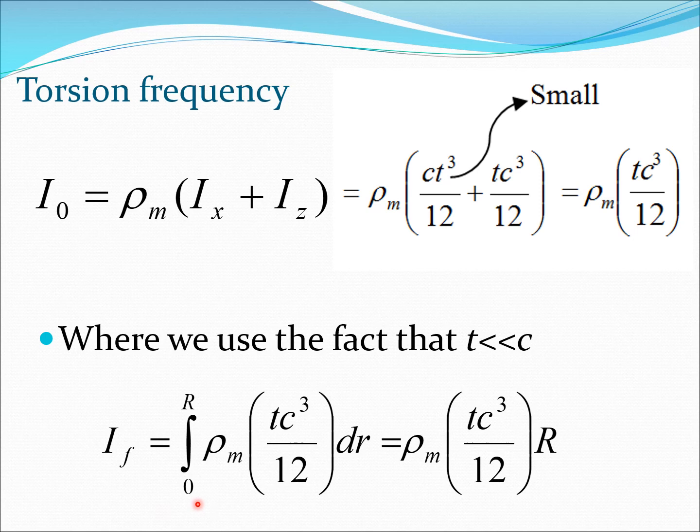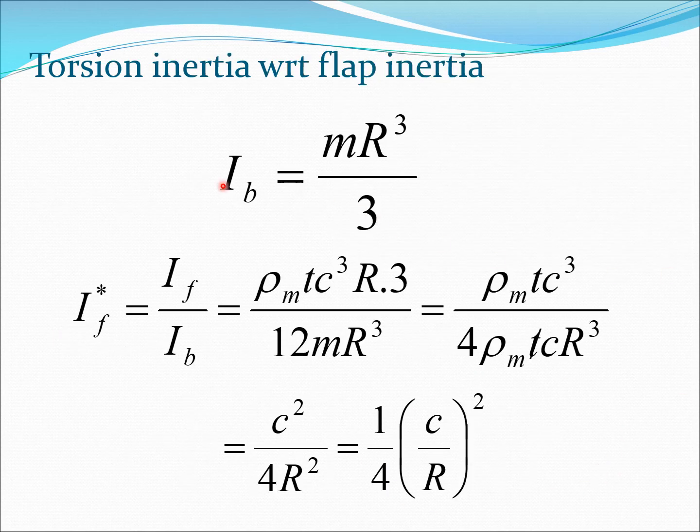So that is integral 0 to R rho m tc cubed by 12 dr, and so we get this here. Now we calculate IF star as IF by IB. So we know IB is mR cubed by 3. So we calculate this particular ratio. There are some cancellations here.